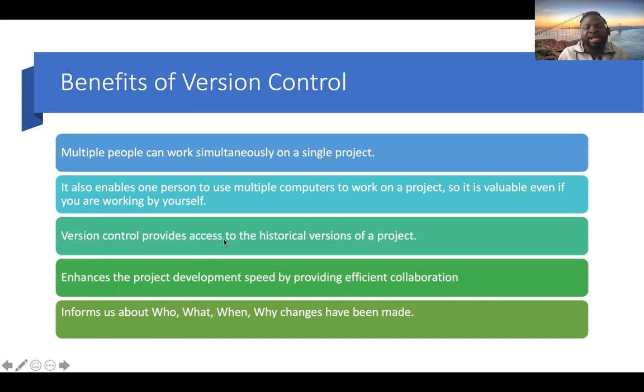Version control provides access to the historical versions of a code, which is very, very key. For example, in a place like Google, I think they say their developers commit their code maybe more than 10,000 times in a day. Like, they make changes in a day. So there's a way to track it, like, who made these changes?